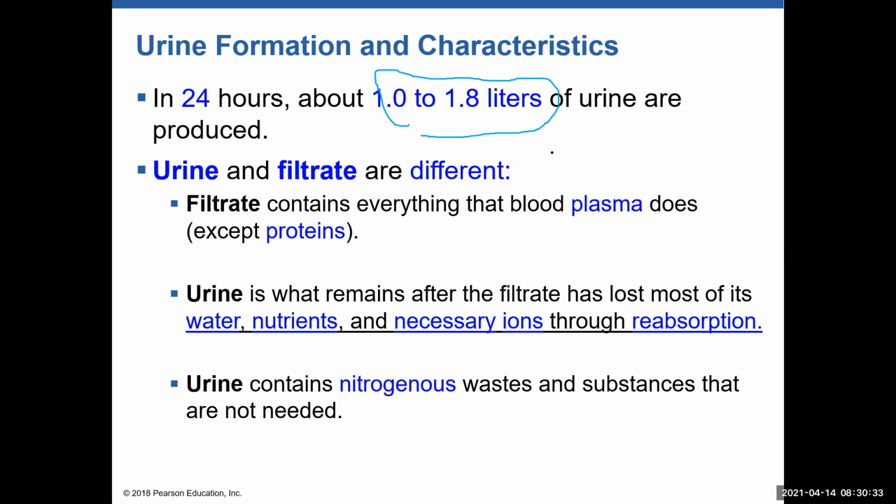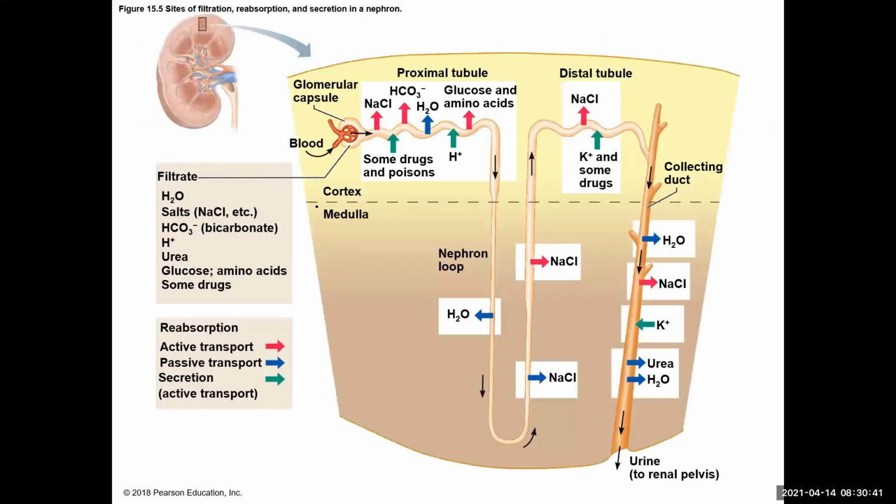But filtrate has everything that the blood plasma has, except the RBCs and the proteins. When things were filtered, everything moved into the Bowman's capsule, whether it was glucose, fructose, excess ions, calcium, vitamins, or hormones. So the filtrate has all the good things.